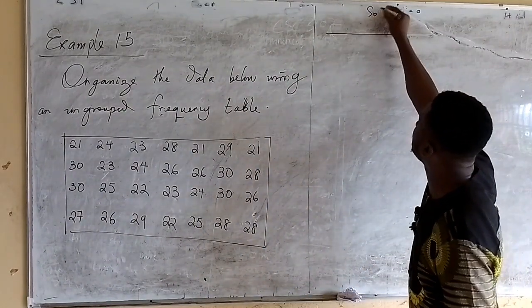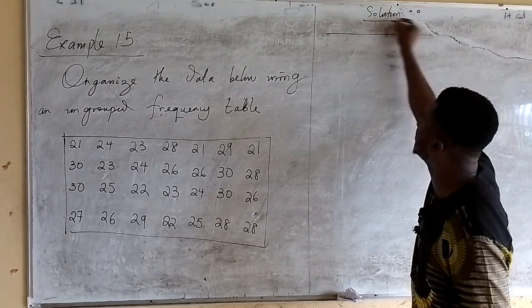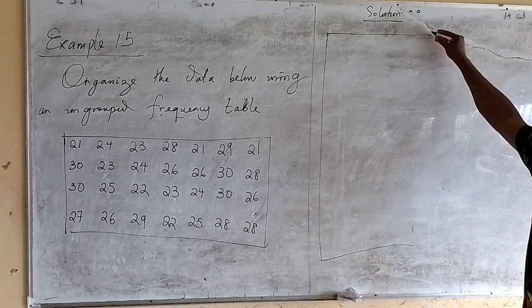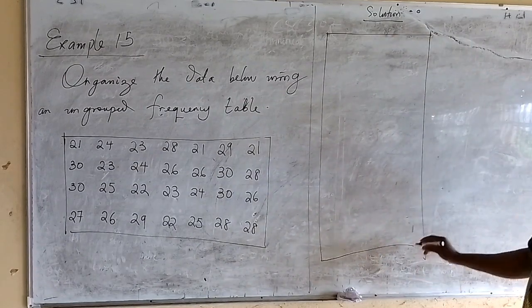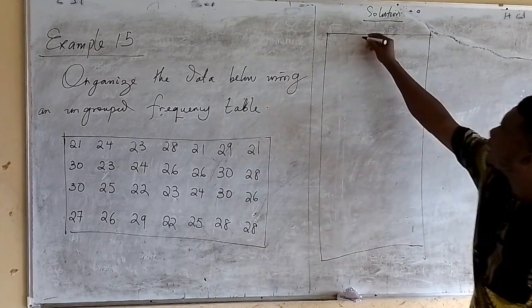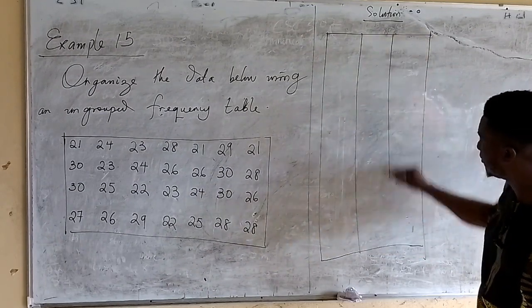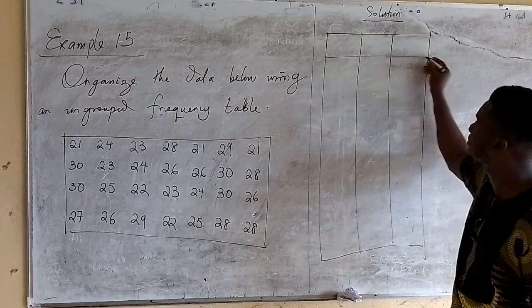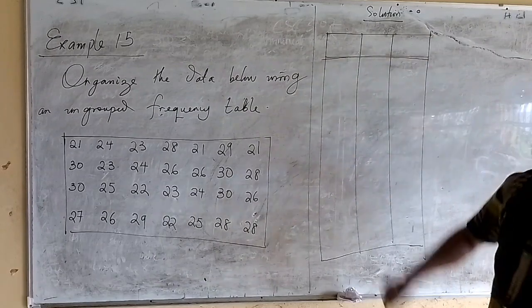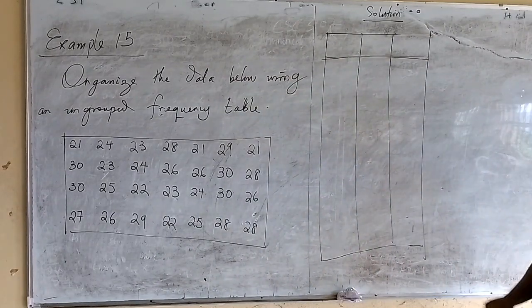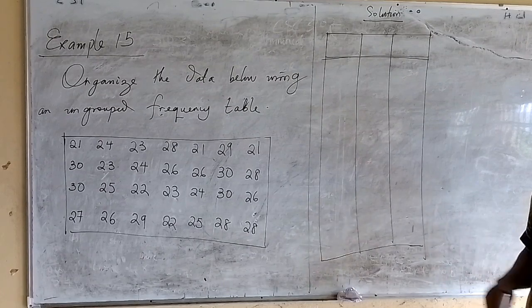As my solution, I'm going to have a table with the following columns. When I go down, you have to go down.